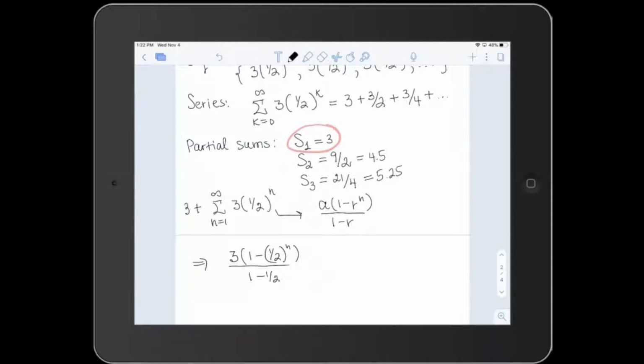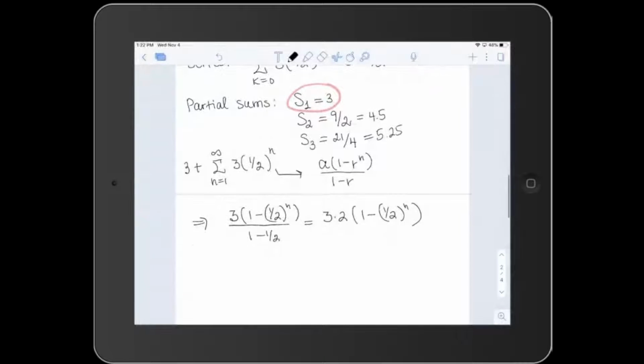So we have this expression right here. How do we deal with this? What do you guys think? Well, we can take care of the 1 minus 1/2. That's 1/2, and if we divide by 1/2, that's equivalent to multiplying by 2. So this is 3 times 2 times 1 minus 1/2 to the n.